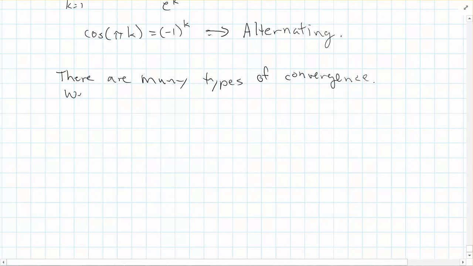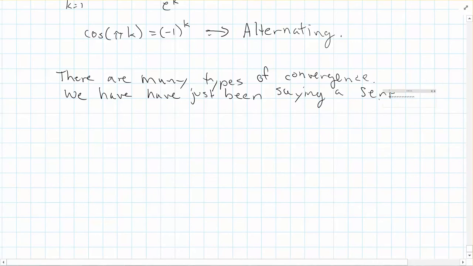We have just been saying a series converges. But there's often much more you can say, and when I say there's many types of convergence, let me write down some of these. Now we're not going to need all of these here.